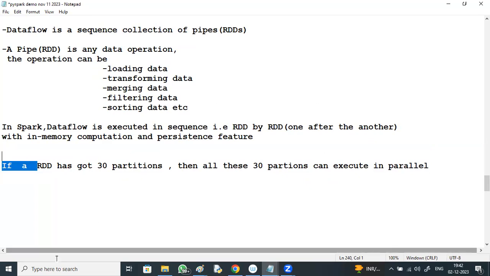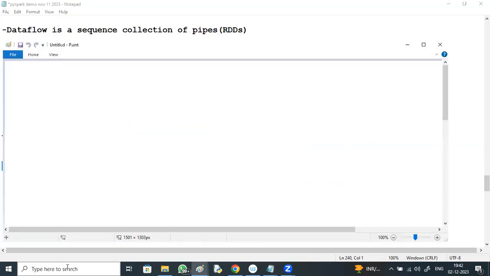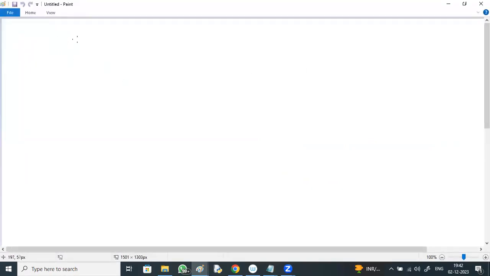Let me show you some examples. Just observe this, if you want to know the RDD computations, so that you get clarity on them. For example, think that this is an RDD. R1 is an RDD. R1 output is taken by R2. R2 output is taken by R3.